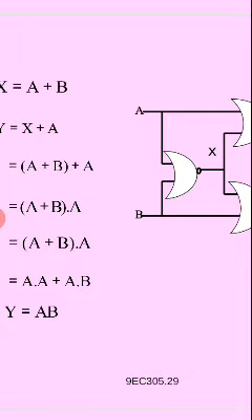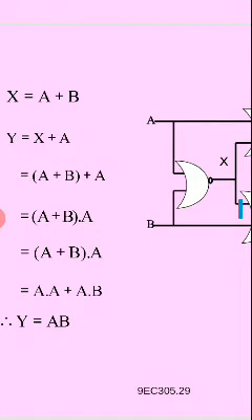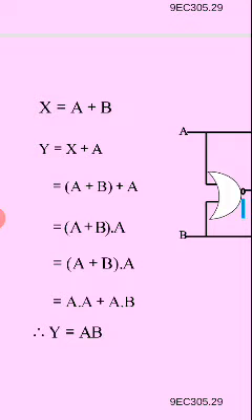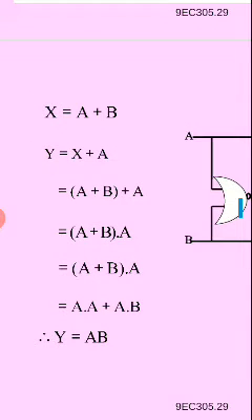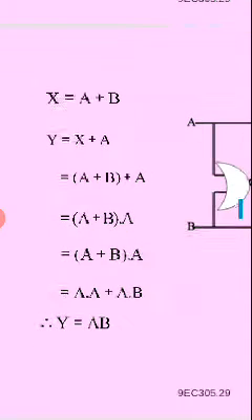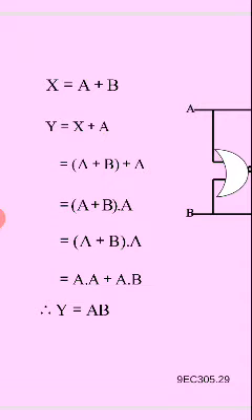It becomes A plus B. X is equal to A plus B. Y is equal to X plus A, where X is again (A plus B) plus A, that is equal to (A plus B) into A.